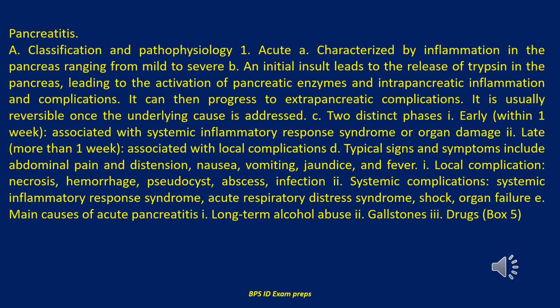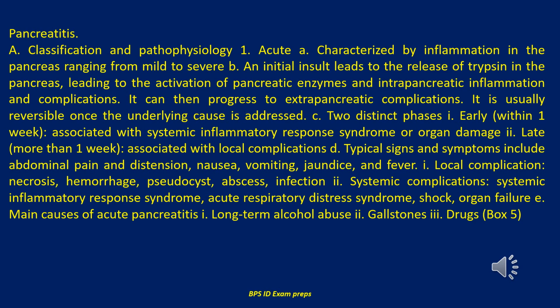C. It has two distinct phases, namely, 1. Early phase occurring within 1 week, it is associated with systemic inflammatory response syndrome or organ damage. 2. Late phase occurring more than 1 week. It is associated with local complications.